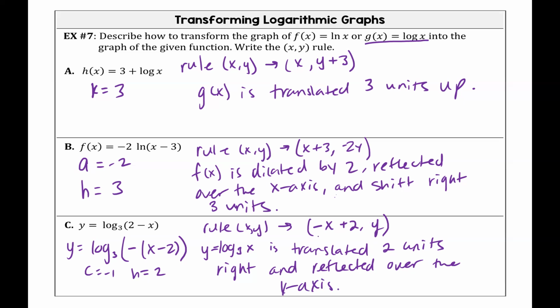Everything about your x is done backwards. So you're going to describe your left and right motion before you describe reflections and dilations. That is how I was taught to do it. So everything about x's are backwards.